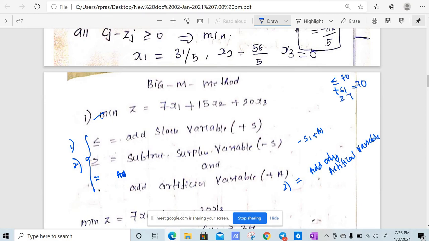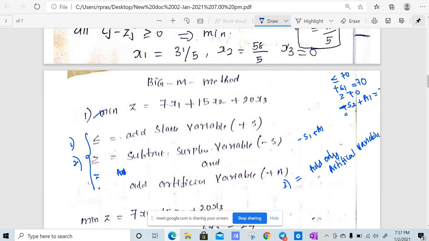Suppose it is greater than or equal to 70, you need to subtract one surplus variable and add one artificial variable, and then put equal to 70. Suppose your constraint is equal to 70, you should not take this equation as it is. You should add one artificial variable, right?